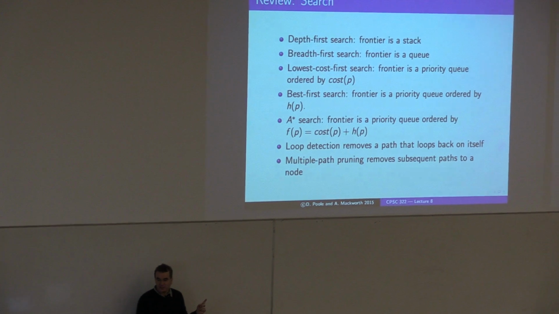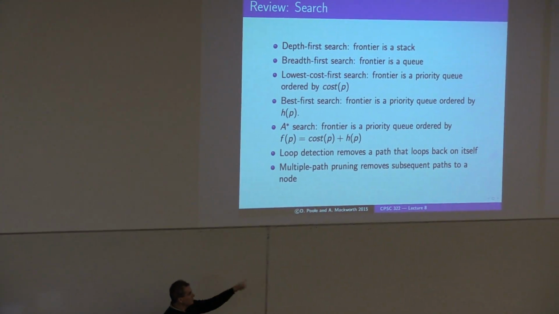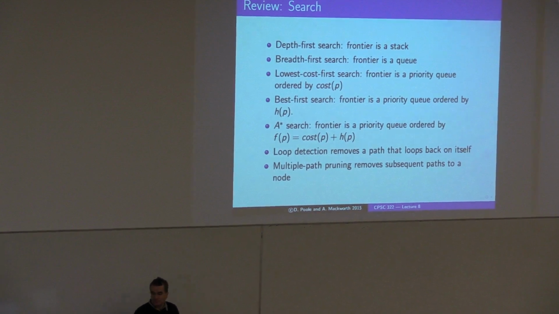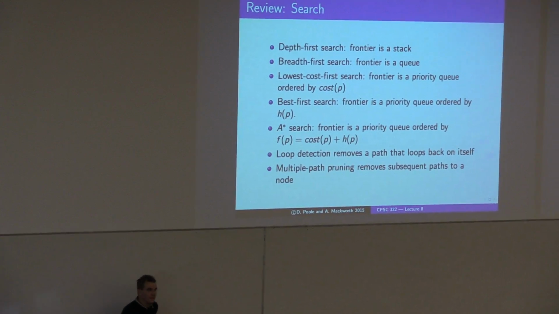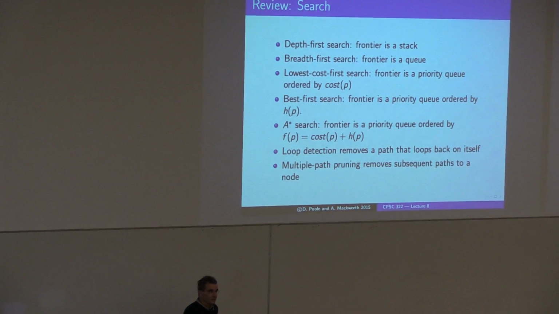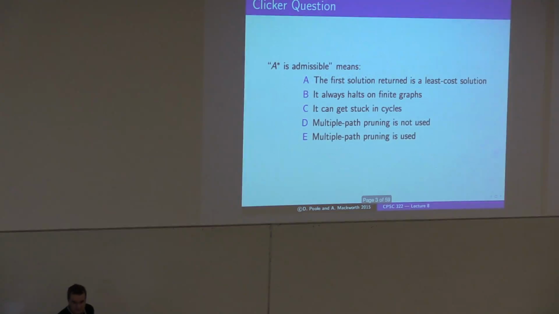And loop detection we did last time removes a path that loops back on itself. And multiple path pruning removes subsequent paths to a node. Does anyone have any questions about any of this? Okay. All right.